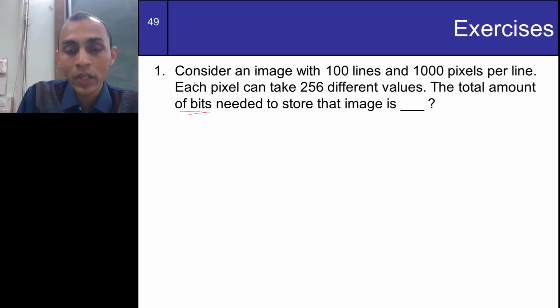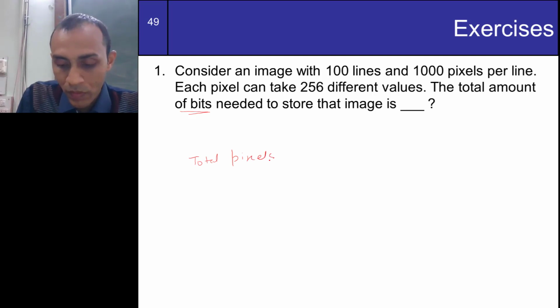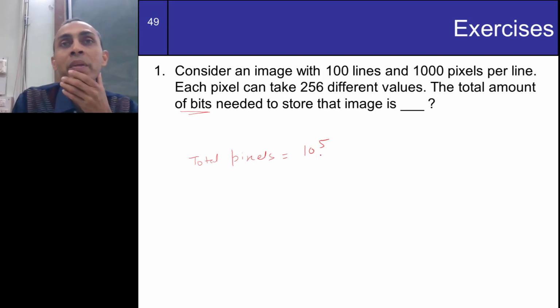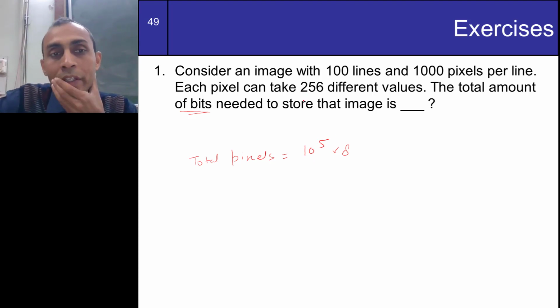How many pixels in total? Total pixels are 10 raised to power 5. And the number of bits for each pixel is 8, because there are only 256 levels. So 8 into 10 to the power 5 bits are needed to store that image.